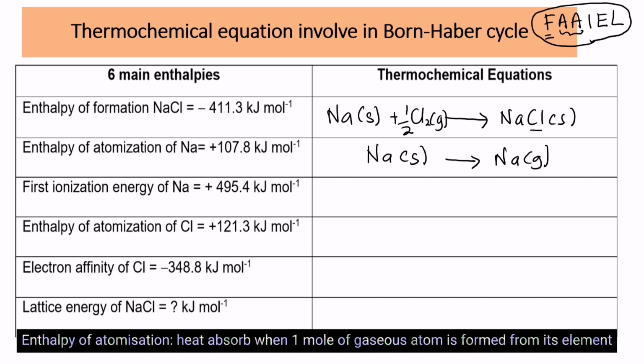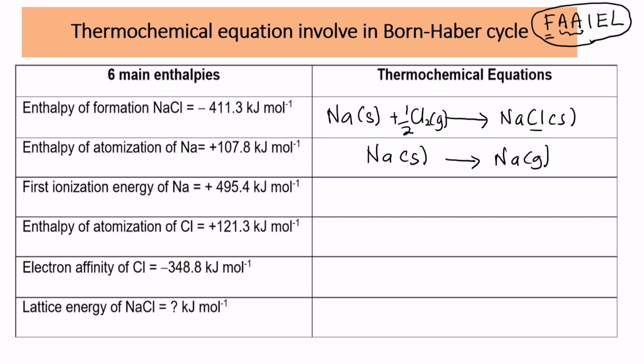Sometimes we also call this the enthalpy of sublimation because of the change from solid to gas. Enthalpy of atomization of Cl means that we want to form 1 mole of Cl gas from its element. The element for chlorine is Cl2 gas at standard condition. Because of 1 mole of Cl, we write half Cl2.